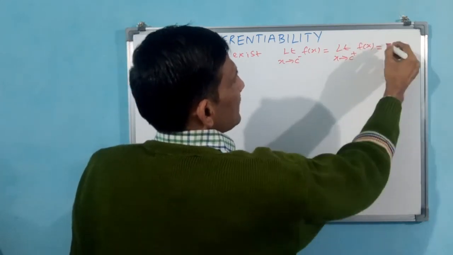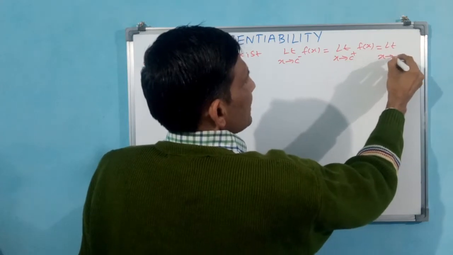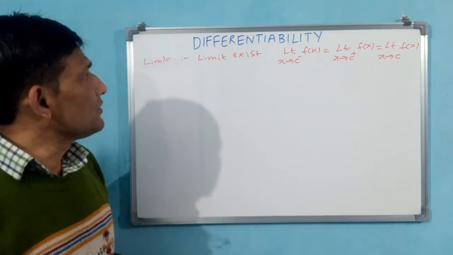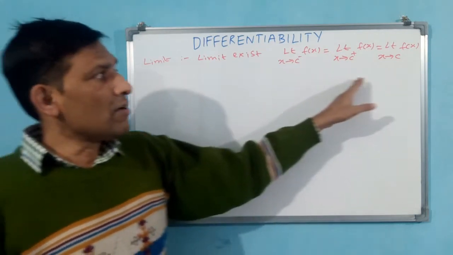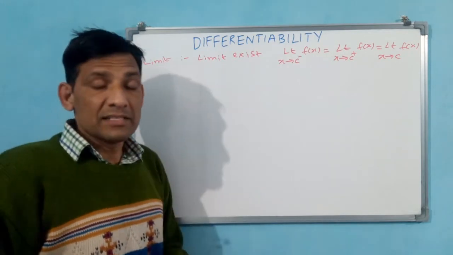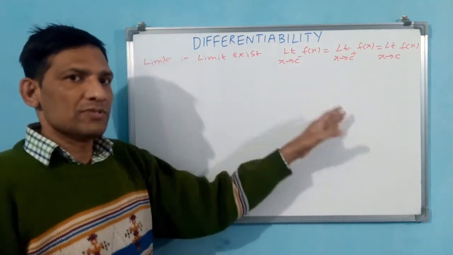If both are equal, then we compare with the main limit, f of c. First of all, if these three are equal, then we say that the limit exists, or else the limit does not exist at x equal to c.